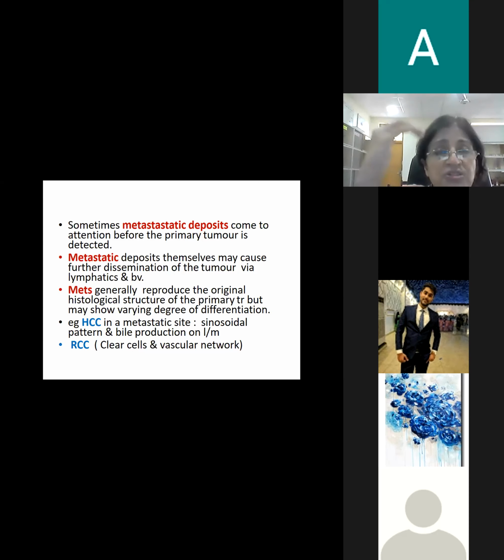And in fact, because they tend to produce bile, के भी आपको plugs मिल जाते हैं. So that becomes a useful clue to diagnose that the original site was the hepatocellular.